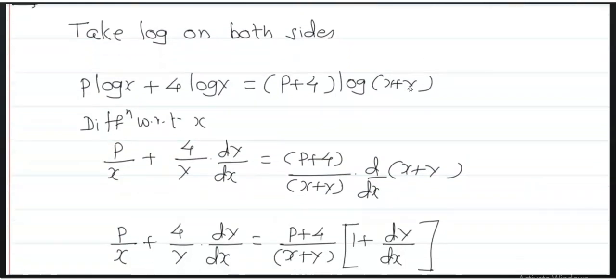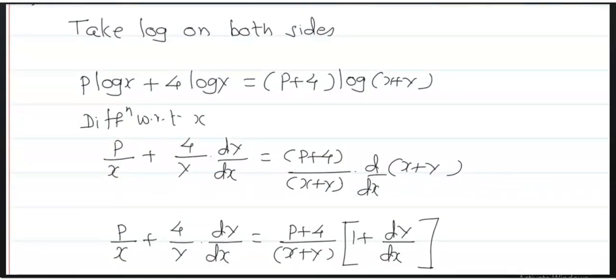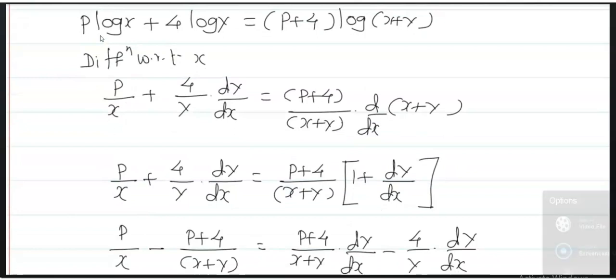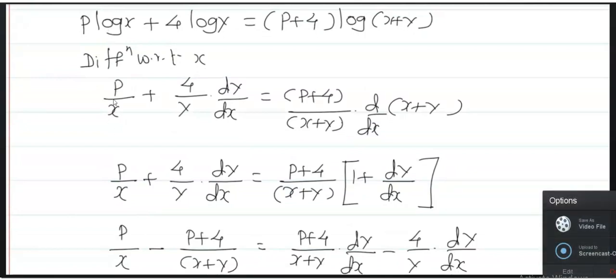Now if we differentiate this, then you will get, log of x is 1 upon x, that is p upon x. Log of y is 4 upon y into dy by dx. And the (p plus 4) log of (x plus y), that is 1 upon (x plus y) into d by dx of (x plus y). And therefore you will get p upon x plus 4 upon y into dy by dx is equal to (p plus 4) upon (x plus y) into (derivative of x is 1 and derivative of y is dy by dx).